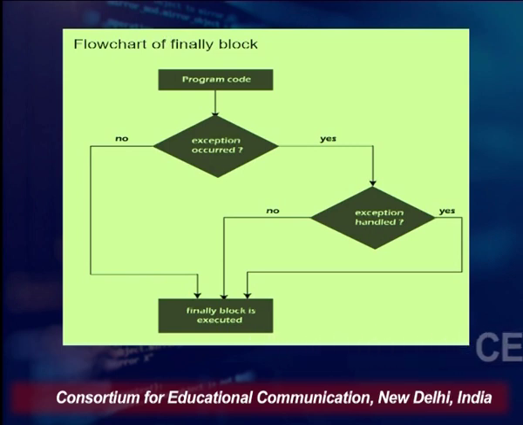Then even after this catch block, the yes branch of the catch block comes to the finally block, and even if it is not handled, the control, as you can see, is also coming to the finally block.